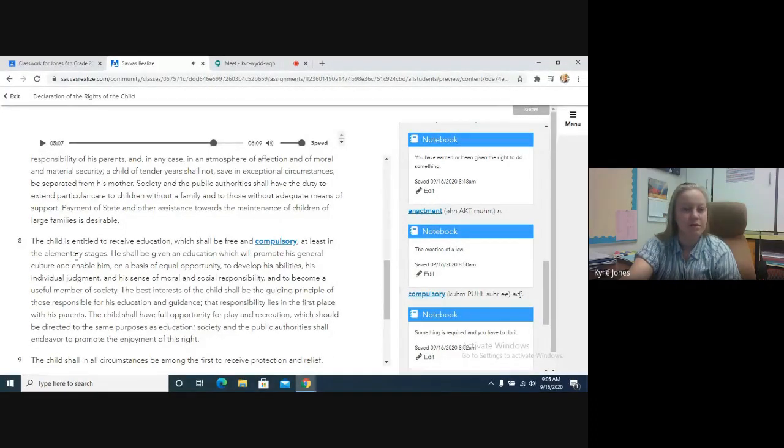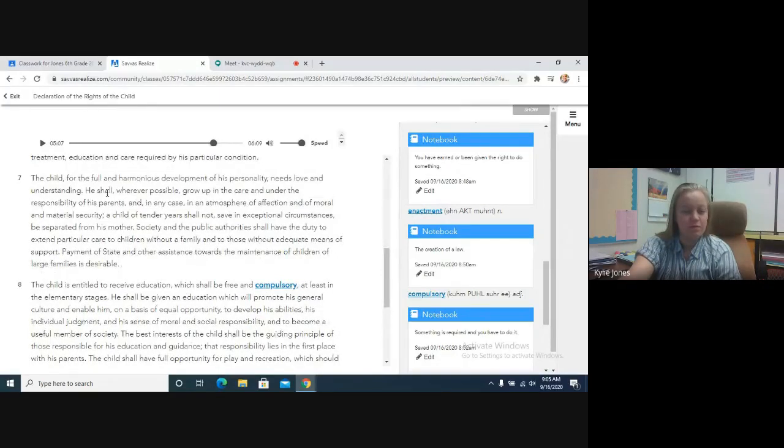Alrighty. So paragraph 7 up here was talking about how, as a child is growing up, their basic needs of being loved and understood and cared for in terms of food and housing, all of those basic needs, they get those things.